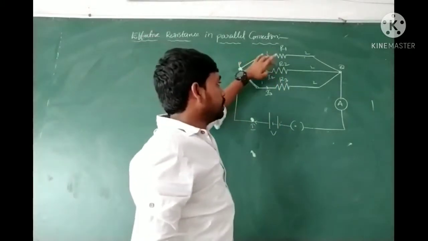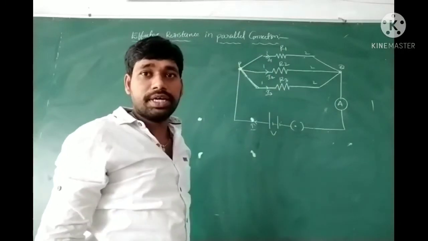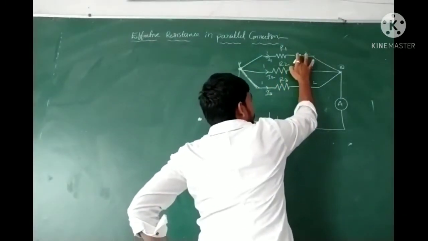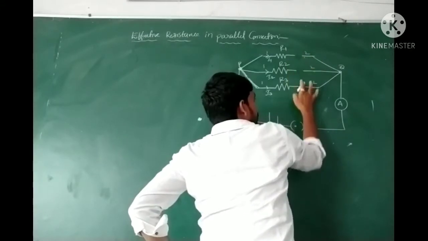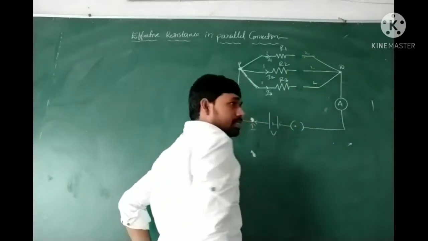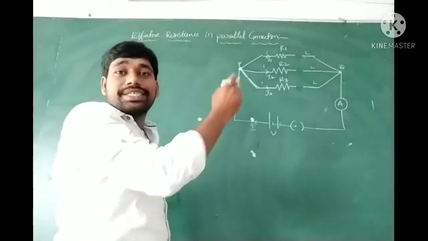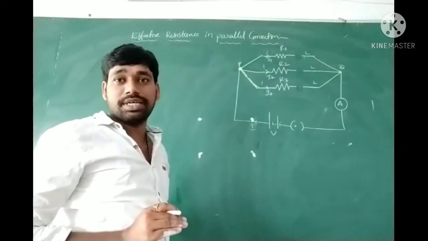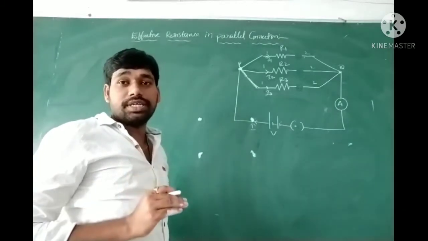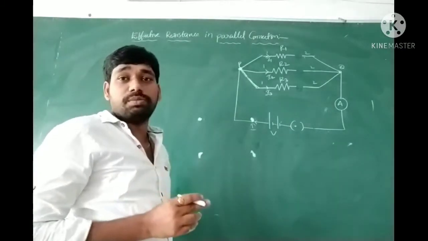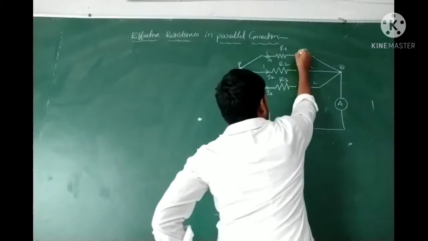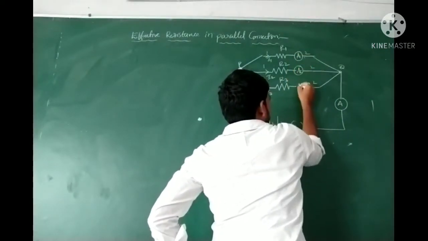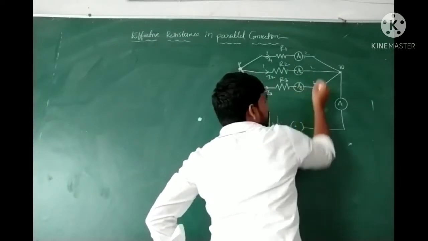As current is flowing, we make a small modification in the circuit. We measure the current in the R1 resistor, R2 resistor and R3 resistor, because the current is different, whereas in a series connection the current in all resistors is the same and the voltage is different. So here we connect ammeter A1, ammeter A2 and ammeter A3.